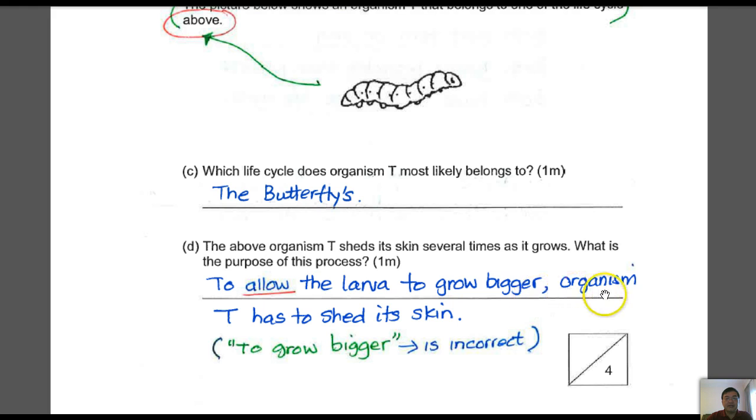Organism T has to shed its skin to allow its size to grow bigger, and thereafter it will grow new skin on top to protect its body. Now, if your answer says that shedding the skin, molting, is to grow bigger, it is totally wrong. The process of shedding skin is not to make it grow bigger. They are 2 totally different processes.